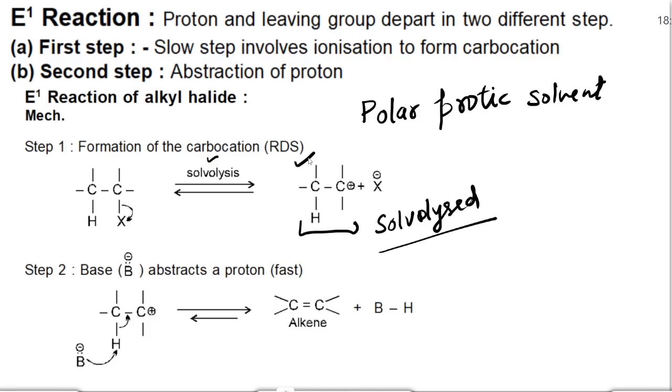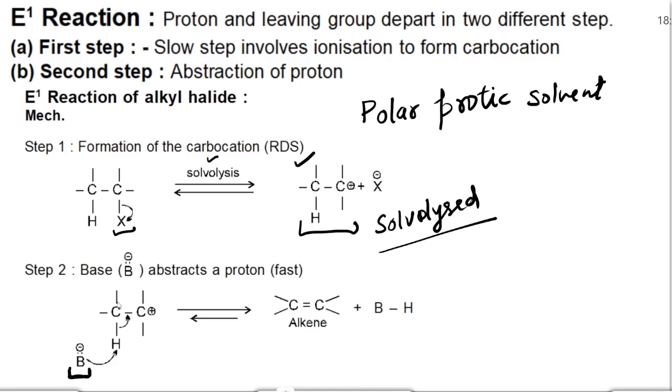That means a polar protic solvent favors this reaction, and then after the removal of this group, X, the base comes in the second step. The first step is due to the solvent only, right?